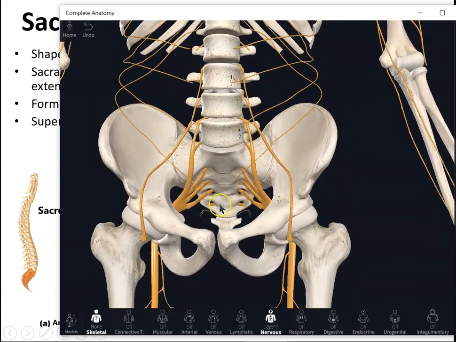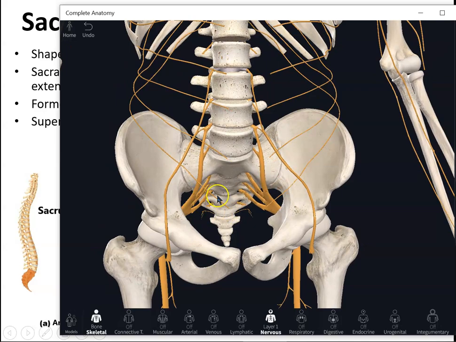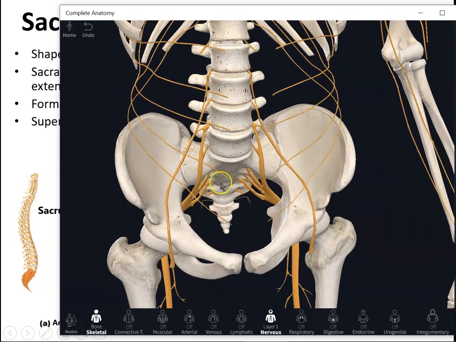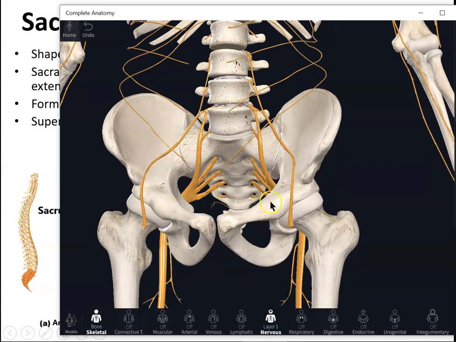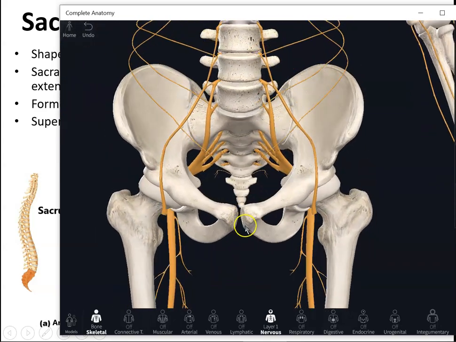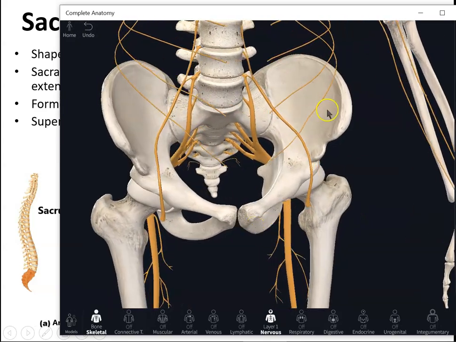So this is also why in some situations pressure in the pelvis during things like childbirth can damage some of the nerves that innervate the lower limb. There's a lot going on in this part of the body. There really is. This whole part of the body has the reproductive organs, but it also has massive blood vessels.